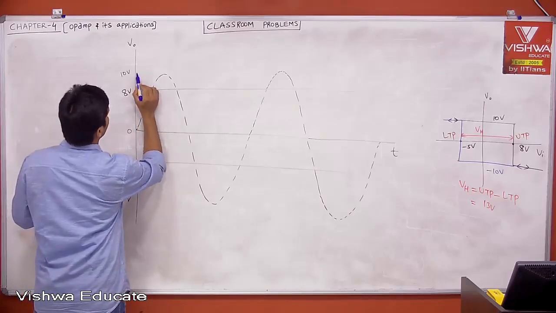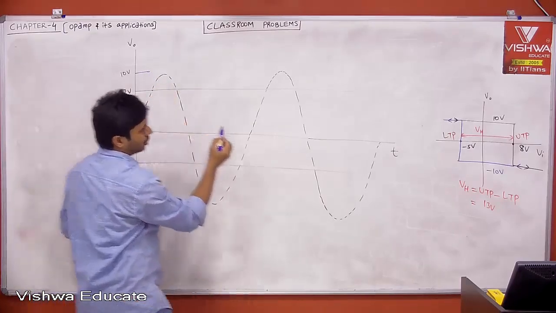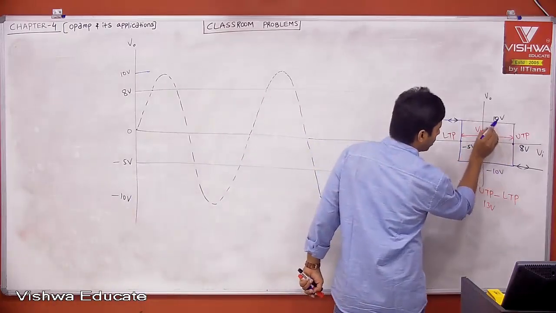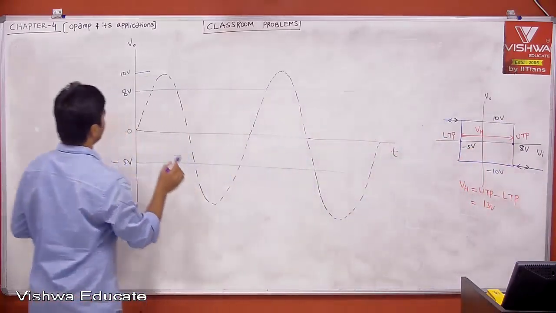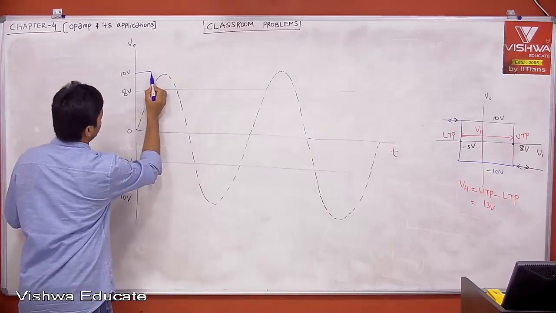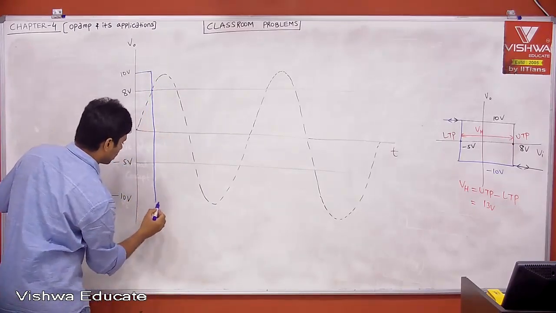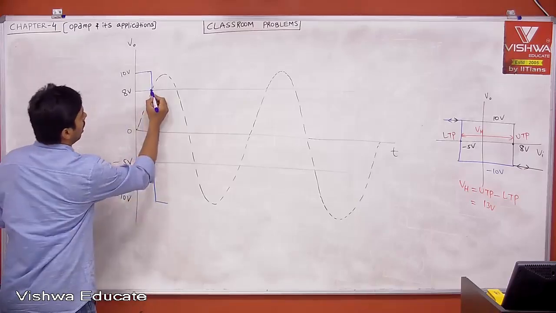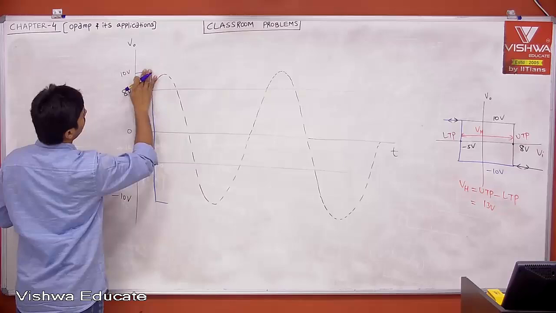When input is crossing 8, your output is switching from plus 10 to minus 10. Right? Now, input crossed and then went to 10. Right? This should be 10.